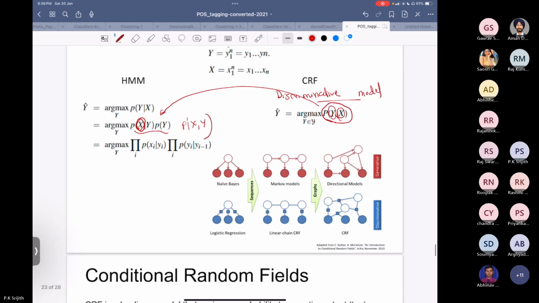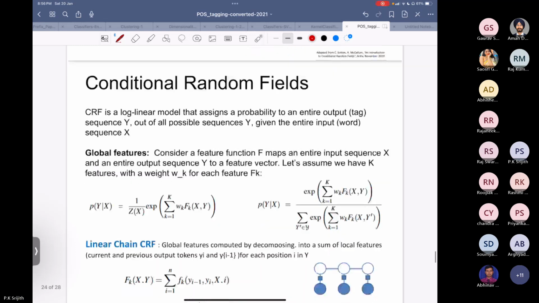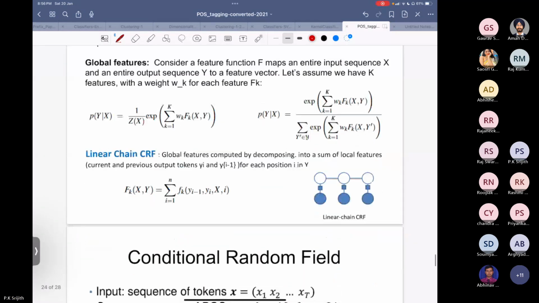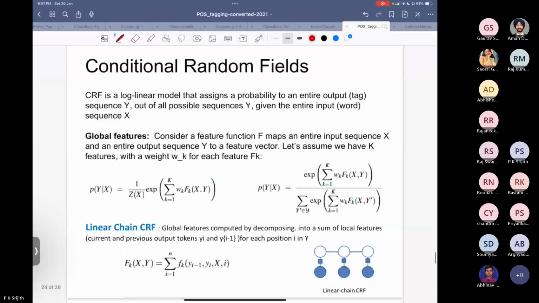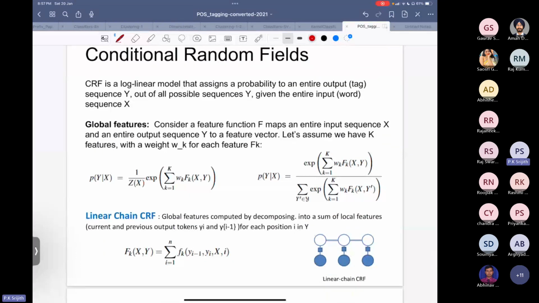And specifically, the conditional random field model says p of y given x is computed by extracting several features from this x and y pair, and then computing the probability using a softmax function.